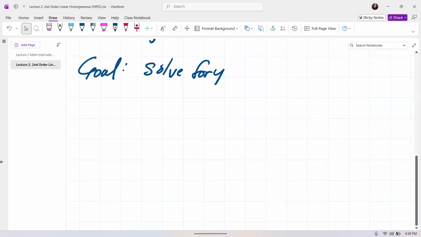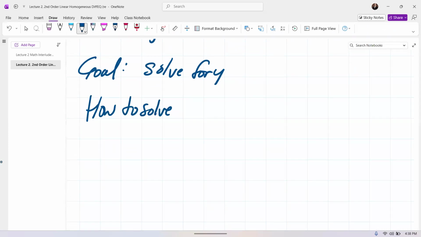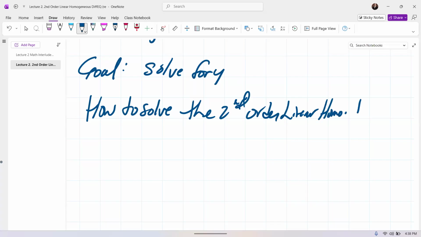So now what we're going to do is how to solve the second order linear homogeneous DiffEq.